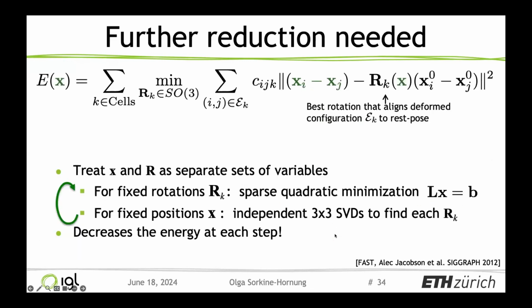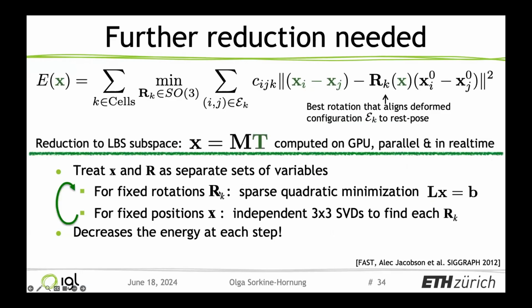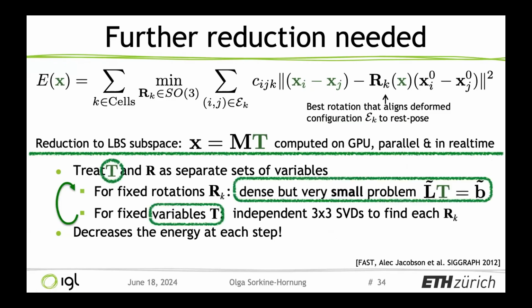So when we look at the formulation in a little bit more detail, this was the ARAP energy from before. Now we are reducing it to the skinning formula, which again can be computed very fast and in parallel on the GPU. So now let's see how the substitution works.